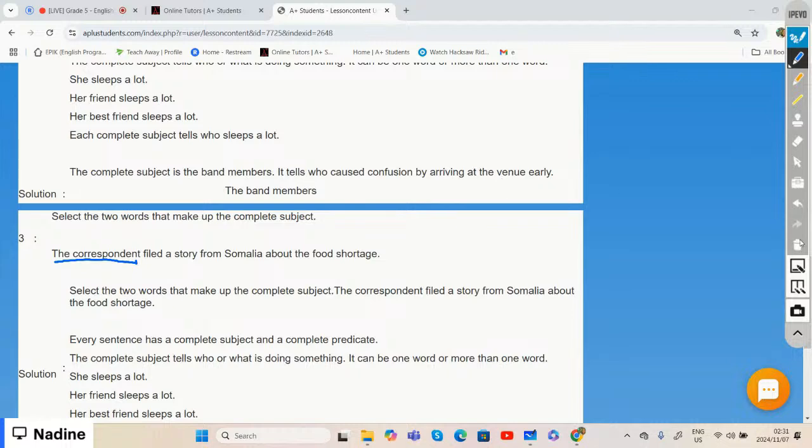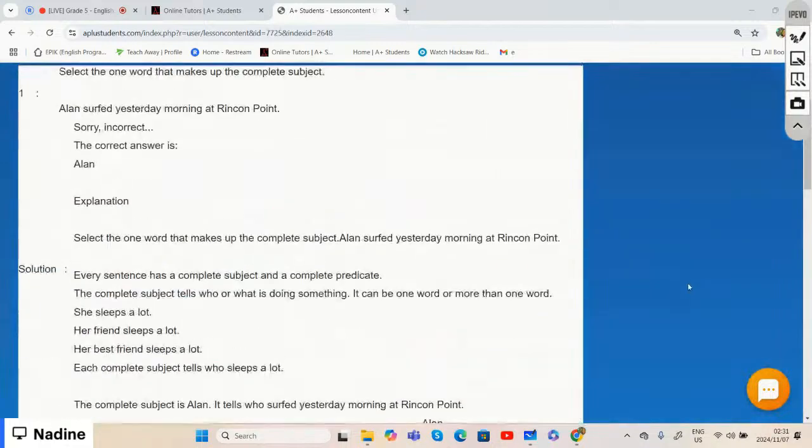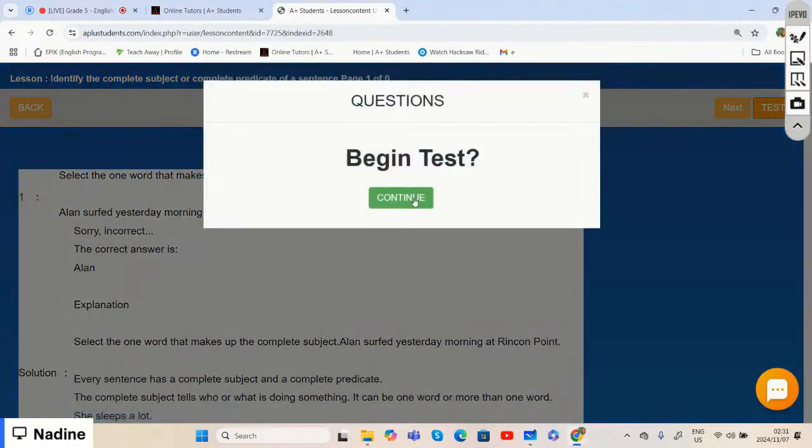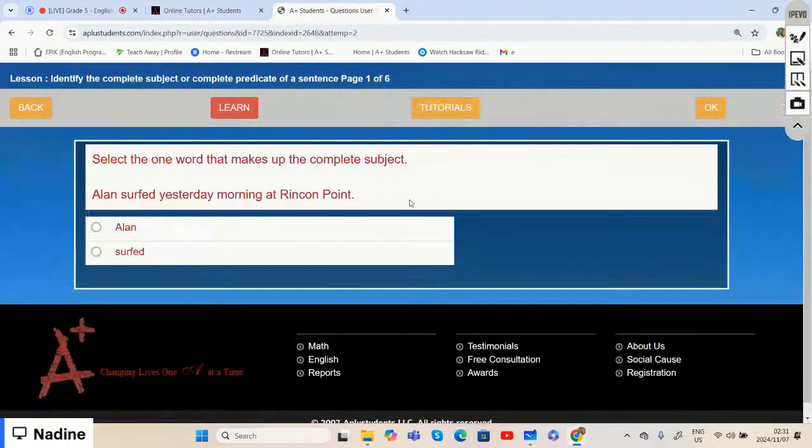Well done. Now we're going to our test where we are going to select the completed subject. We need to select the subject within that sentence. It says, Alan served yesterday morning at Rincon Point. What is our subject? Who or what is our subject within that sentence?